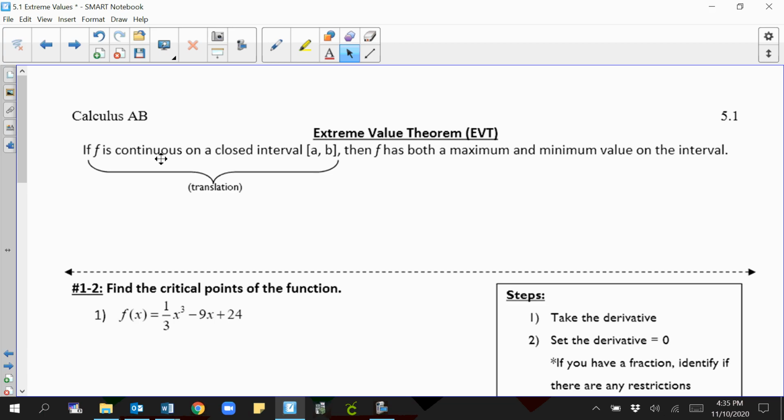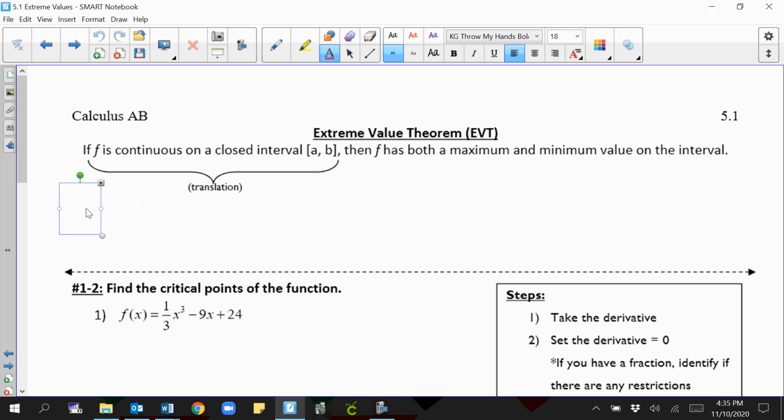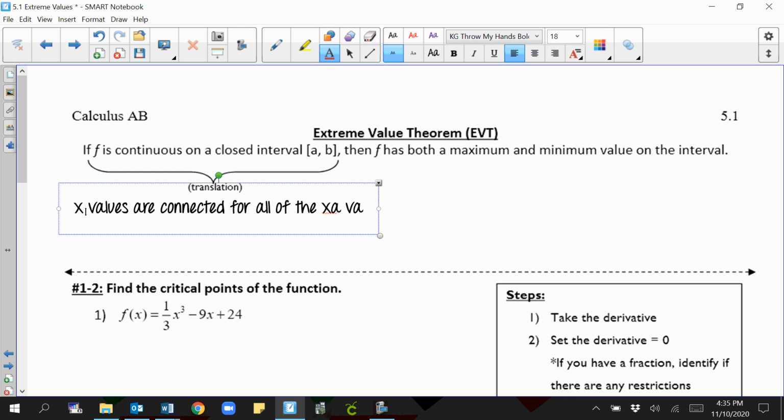So, kind of a translation: if f is continuous on the closed interval, that means that our x values are connected for all of the x values, from x equals a to x equals b. So that's kind of that translation.